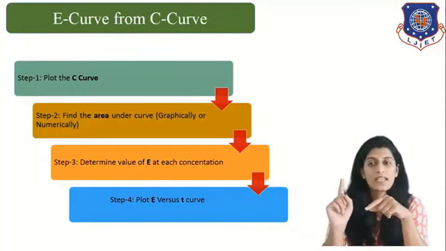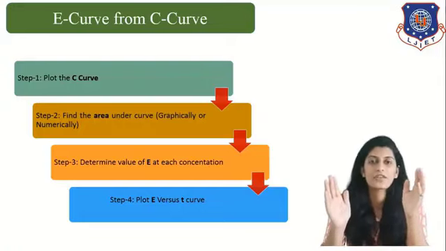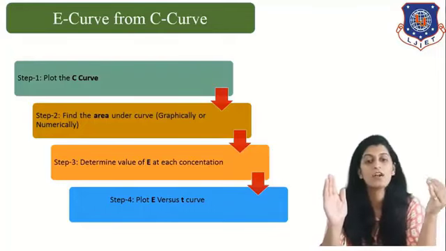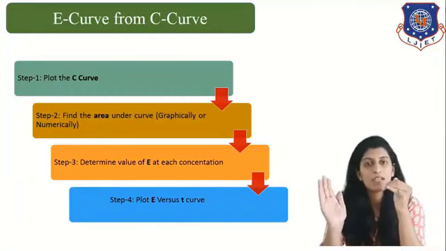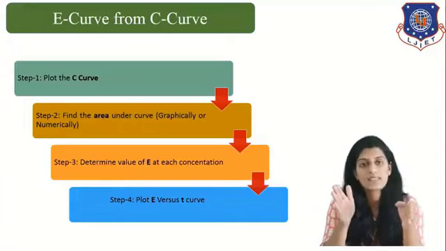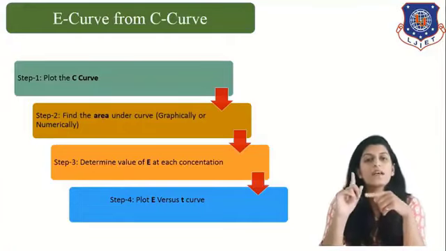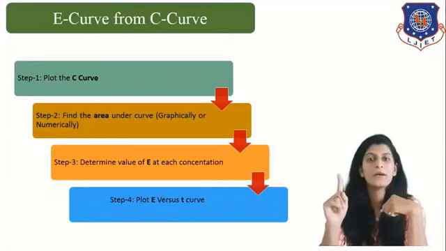To plot it, we need data of time versus concentration of tracer coming out of our reactor or vessel. We note down the time and the amount of tracer coming out of the system and plot a graph between C and t. That is our C curve.